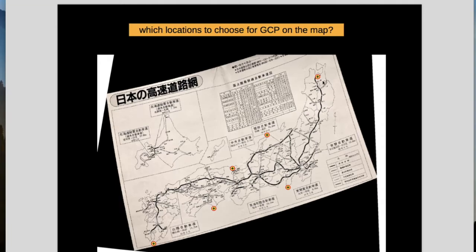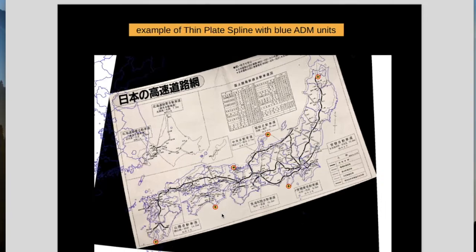You can see how the ground control points after the transformation was run has warped this image to fit the real world. If you add vectors, in this case the Natural Earth free vectors for the world, ADM level 1, so it shows the first level administrative units underneath the countries.